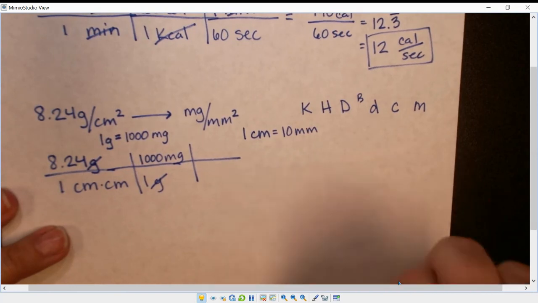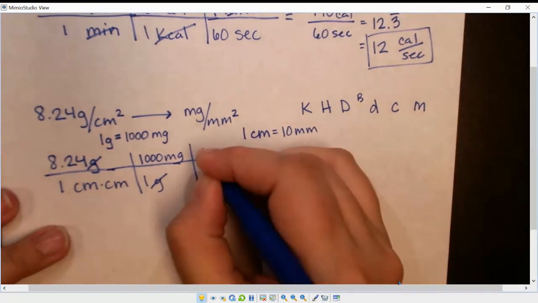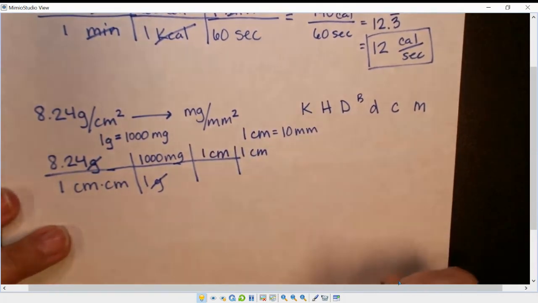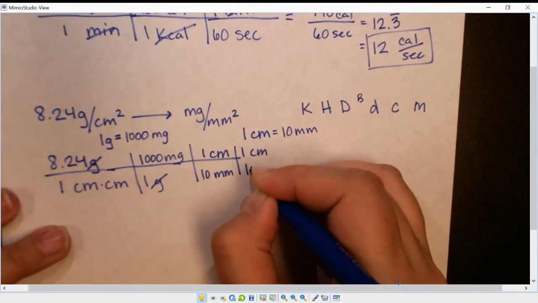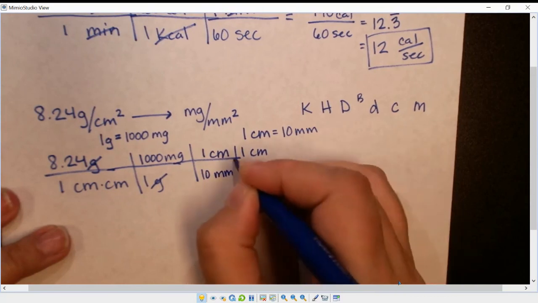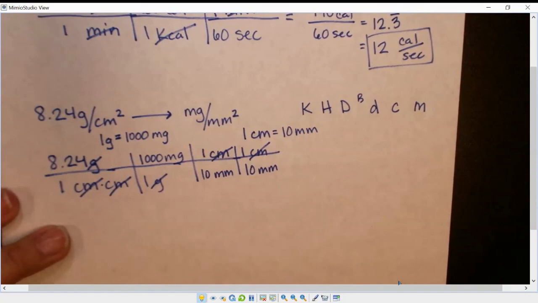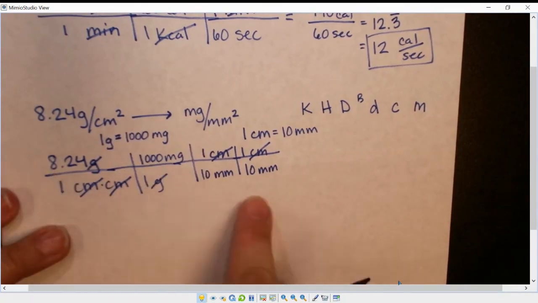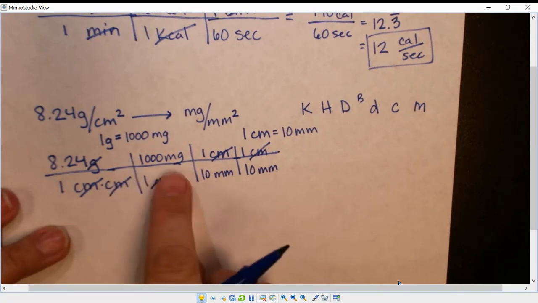It's cool. Okay, so we're going to get rid of centimeters. So I'll put centimeters on top, but I got to do that twice because it was centimeters squared, and then millimeters on bottom twice. So centi cancels centi 2 times, and then we just do our math. If we had to do this in our head, we could do this one because everything's in tens, right? So let's just cancel some zeros.